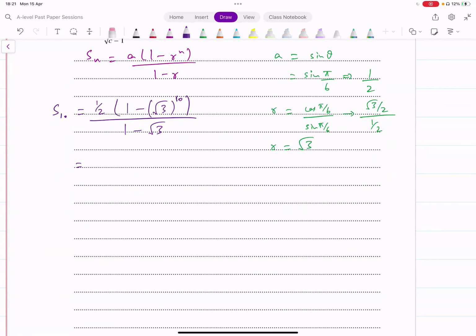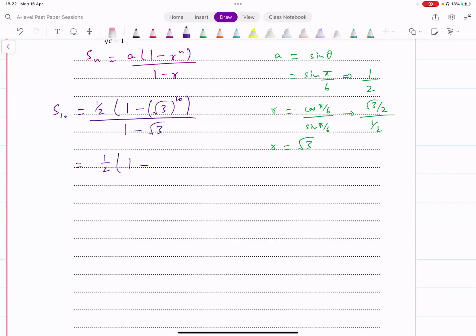So we have 1/2 into 1 minus under root 3 whole raised to power 10. What do you get from that? Yeah, so that's actually going to give you an integer. Under root 3, what's under root 3? Under root 3 is the same thing as 3 raised to power 1/2. Let me actually keep 1/2 outside and first simplify this to make things simpler.